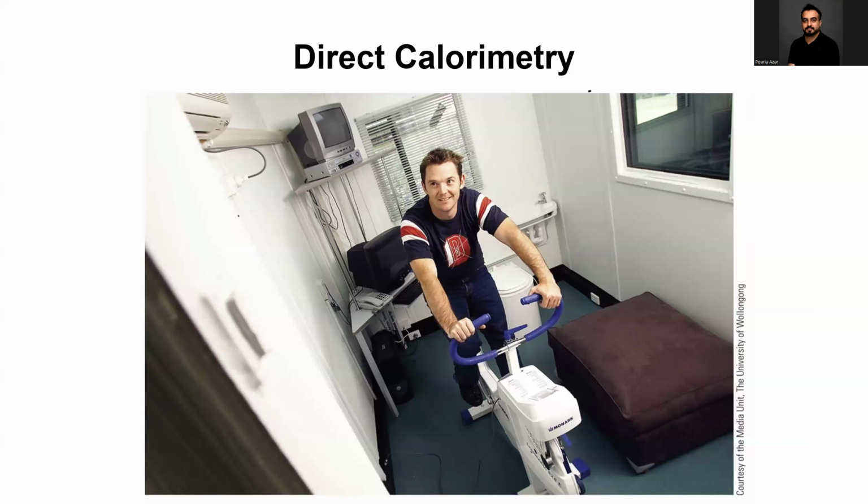As this person lives in this room for 24 hours, they measure the change in temperature in this room, because this room is very isolated and insulated. So the change in temperature is proportional to the amount of energy this guy expends for the 24-hour time period.